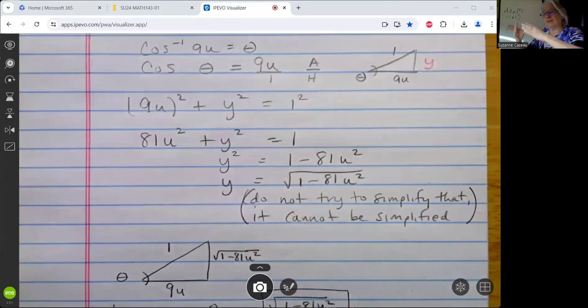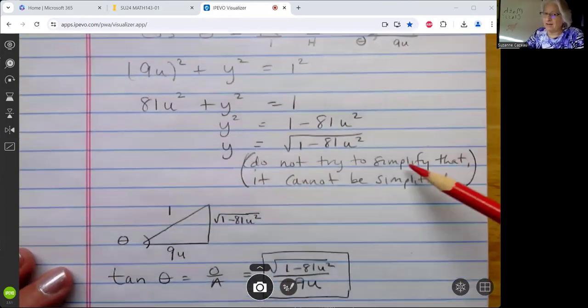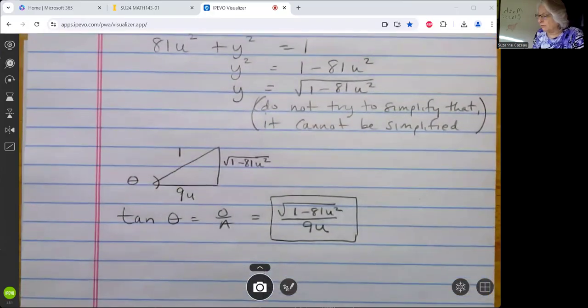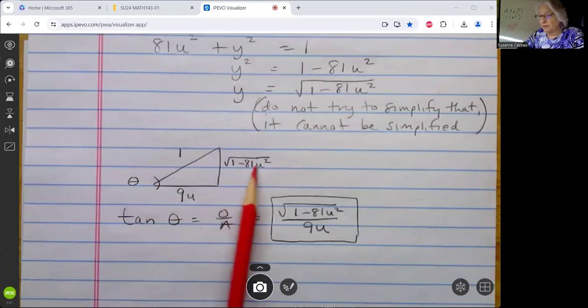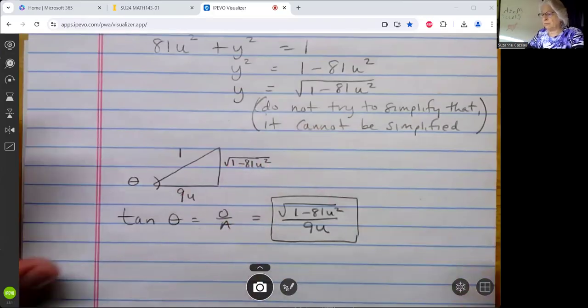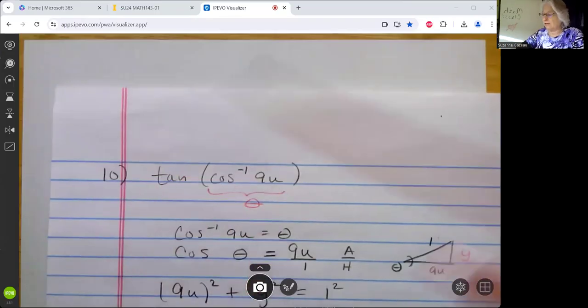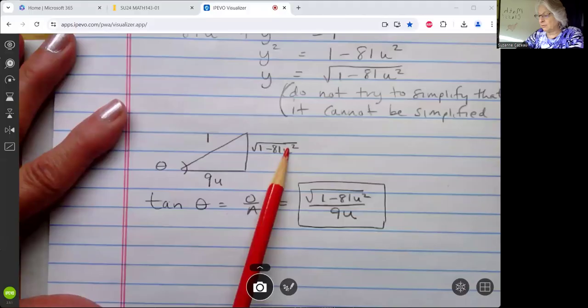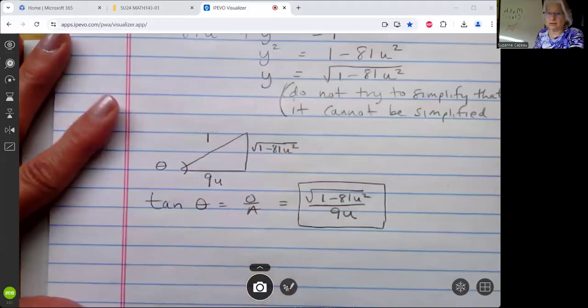So I don't have two of the same things to come out. So don't try to simplify that. This is what the triangle looks like now that we've figured out what y is. And now, because we wanted to find the tangent of theta, the tangent is opposite over adjacent. So there's your answer.